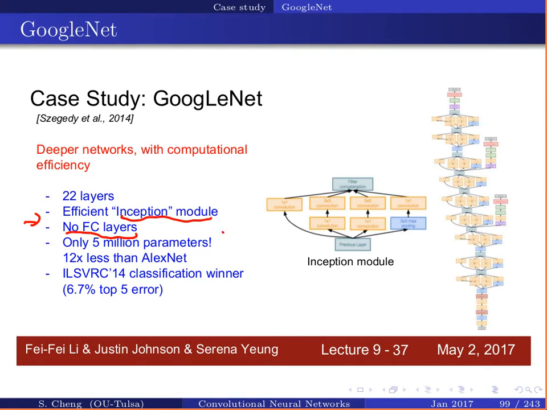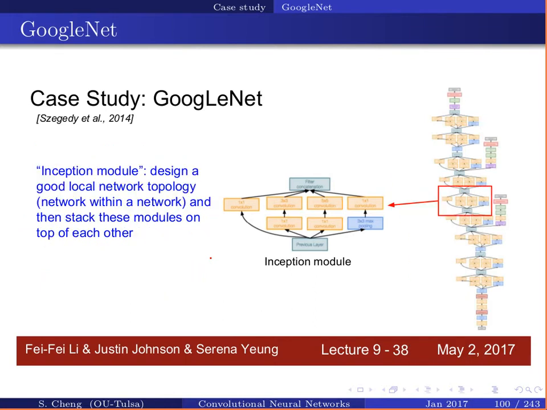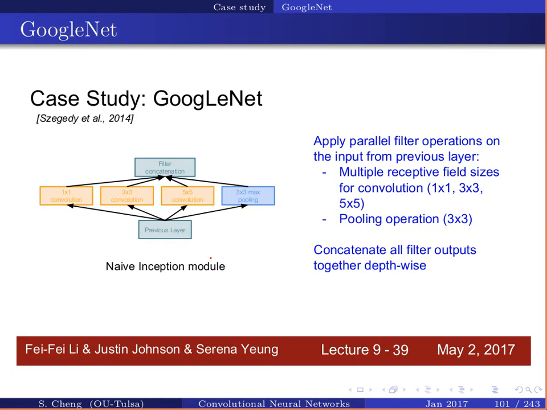VGGNet has 100 something million parameters, but here they only have 5 million parameters. And as I mentioned, they won the ImageNet competition in a lot of categories, in particular the classification category. So let's go on.